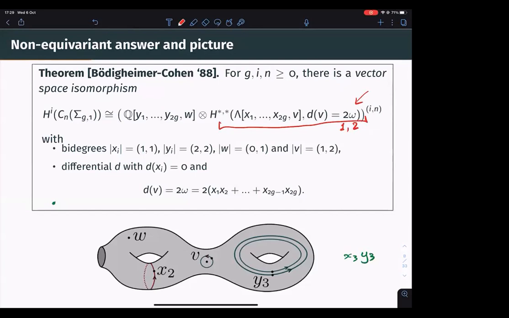Somehow the differential is more complicated. You have to take a spectral sequence starting with this and adding an extra differential to do closed surfaces. So you get something more complicated with less obvious generation properties.